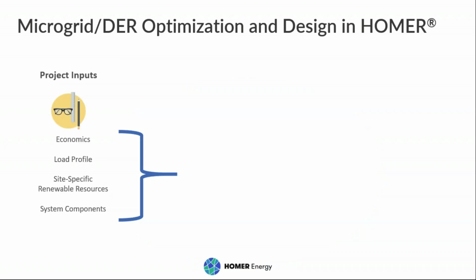Using HOMER to design and optimize your microgrid or distributed hybrid energy system has three main steps. First, you provide information on economics such as the interest rate, along with your energy demand profiles, your location, which tells us the renewable resources, i.e. solar radiation, wind speed, and the types of equipment you might want to consider, shown here as system components.